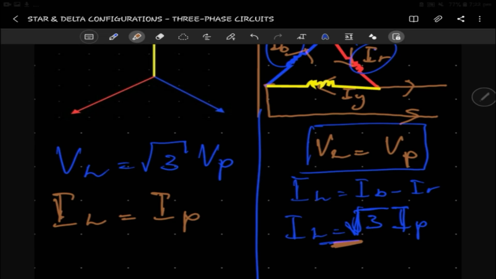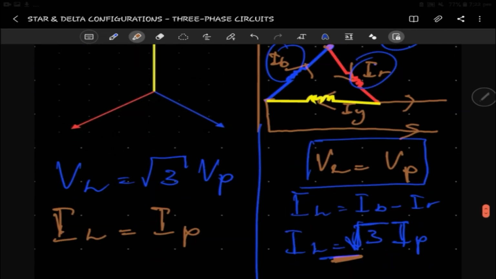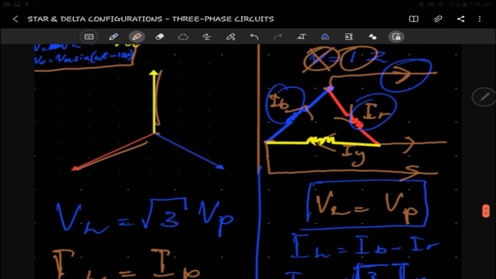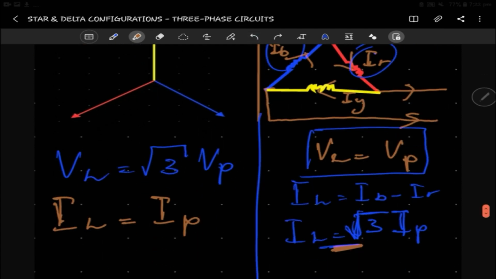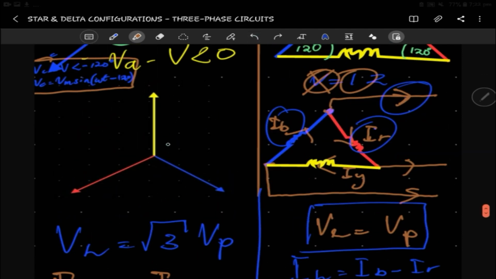And we can look at that, right? So we know each of these is a phase, right? So let's see what happens with the current. If this is the line current and this is the phase current, it makes sense that they are the same, right?